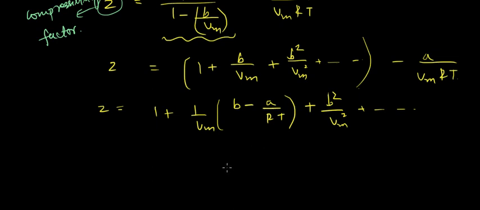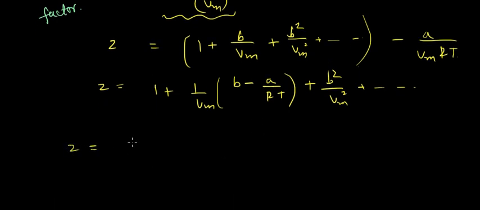From here we can write this as 1 plus capital B upon Vm plus capital C upon Vm square and so on.